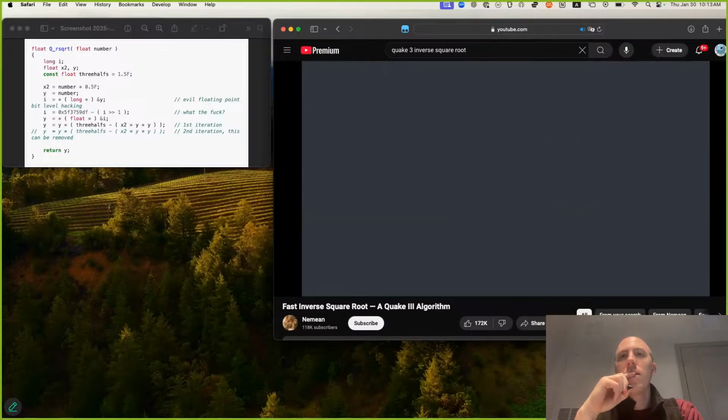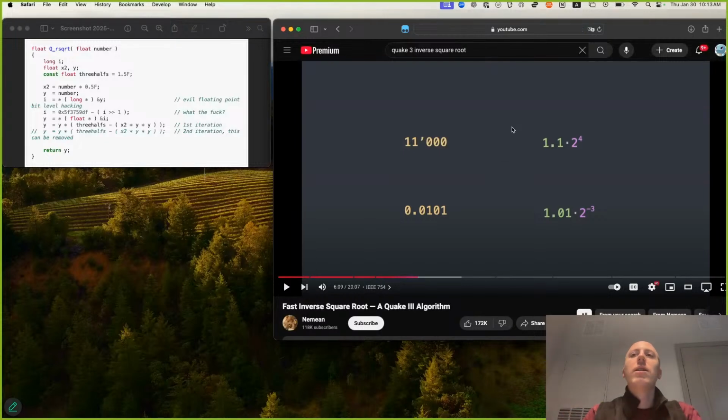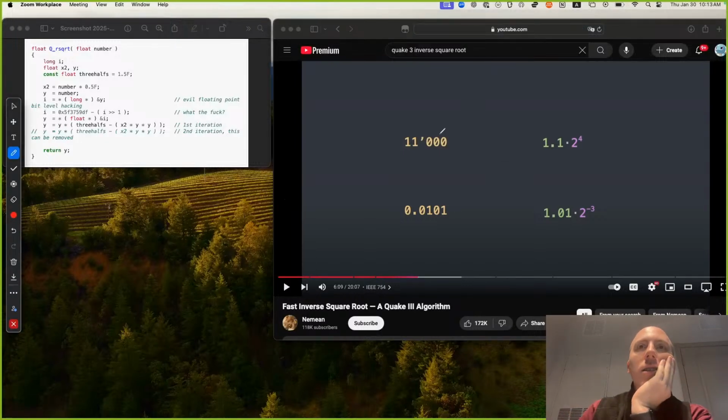In a binary system, for example, 11000 could be 1.1 times 2 to the 4. It's kind of interesting to think of it like that. Yeah, in a similar way.